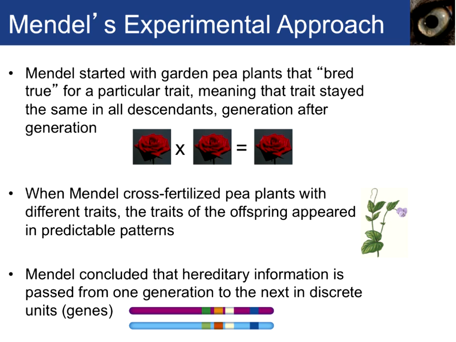What we now know as genes in the DNA sequence are these units that he was describing. Through his studies, he realized the theory of blending inheritance wasn't true. So if you cross a red flower with a white flower, in general, you're not going to get a pink flower.